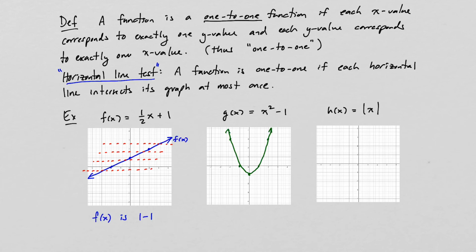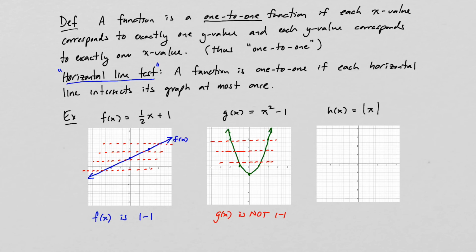And this function, it is a function, but it is clearly not one-to-one, because you can see very easily, if you draw a horizontal line, you are going to hit the graph more than once. In fact, just about every horizontal line you draw hits the graph more than once. So g of x is not one-to-one. And again, the significance of that is that the inverse of g of x will not be a function.